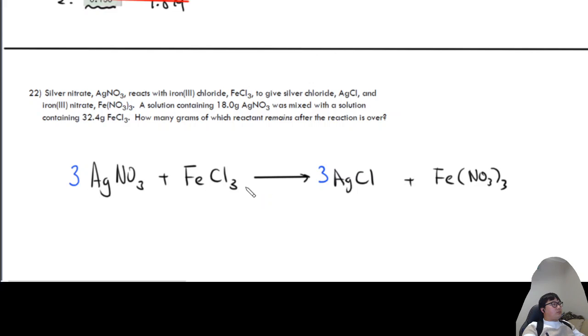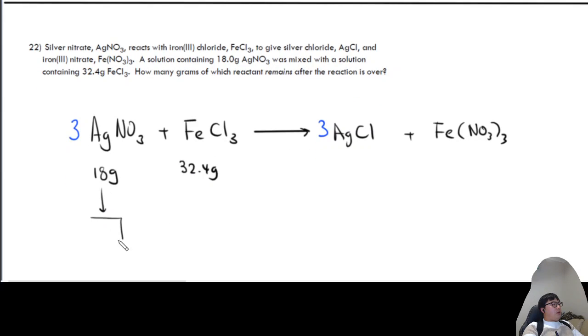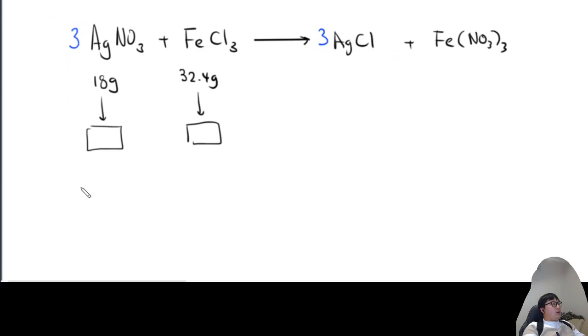So what they're saying is that you have 18 grams and you have 32.4 grams. You've got to figure out how many moles that is, and then build 2 scenarios where this one gets used completely, and the second scenario is where this one gets used completely.